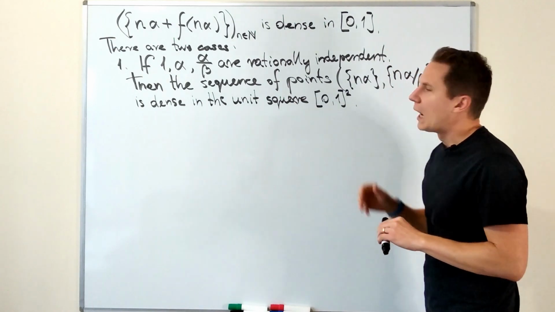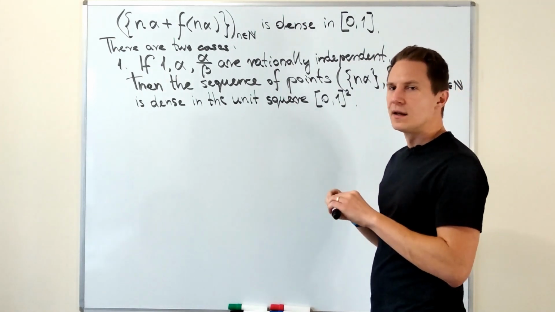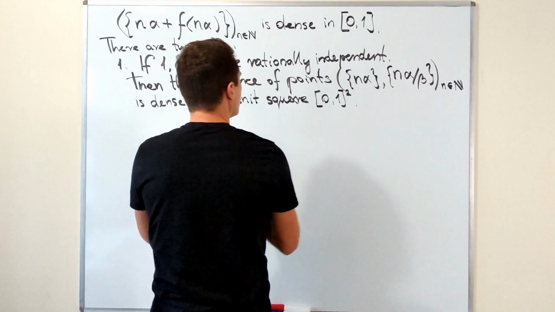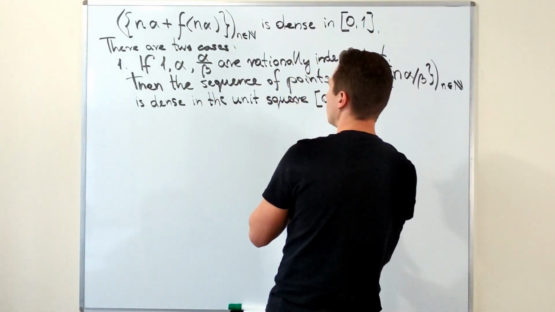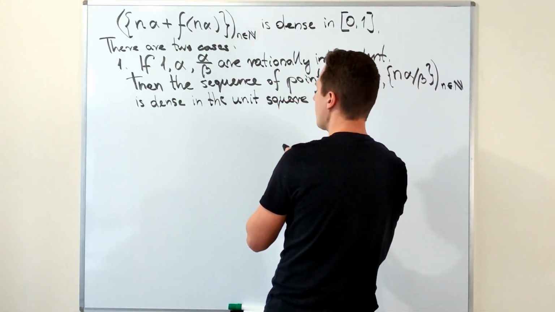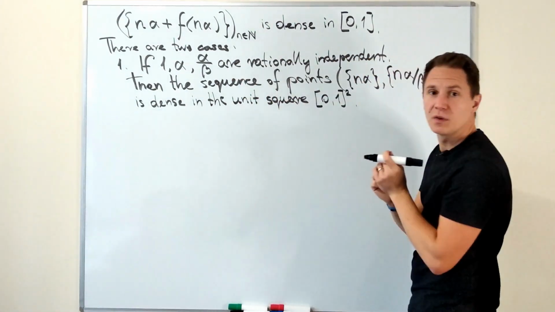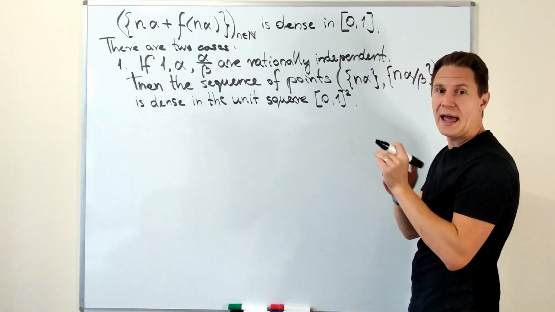Since we have this dense sequence in the unit square, we can choose an arbitrary x.